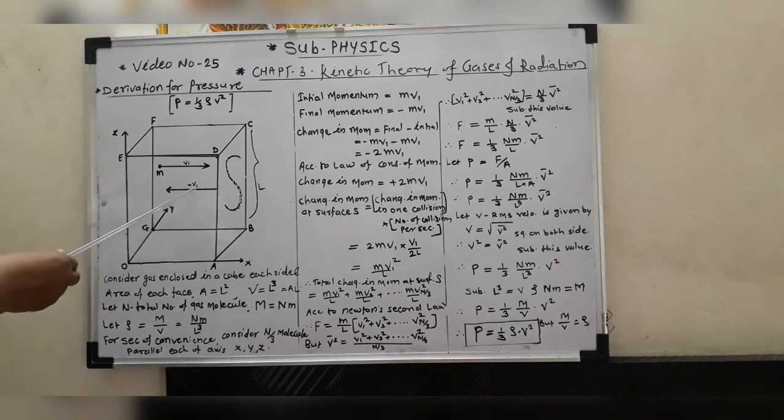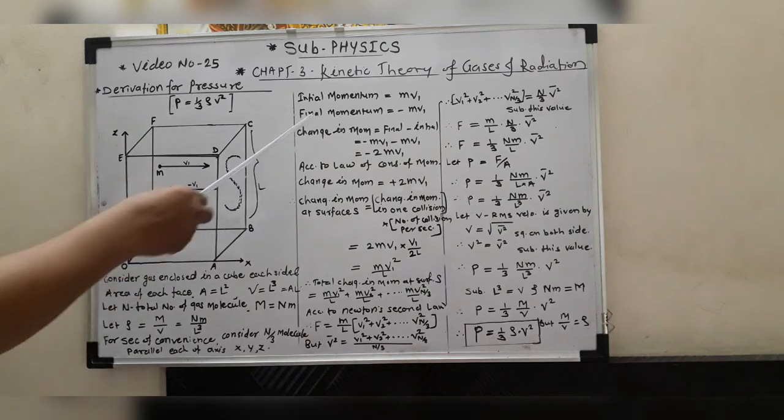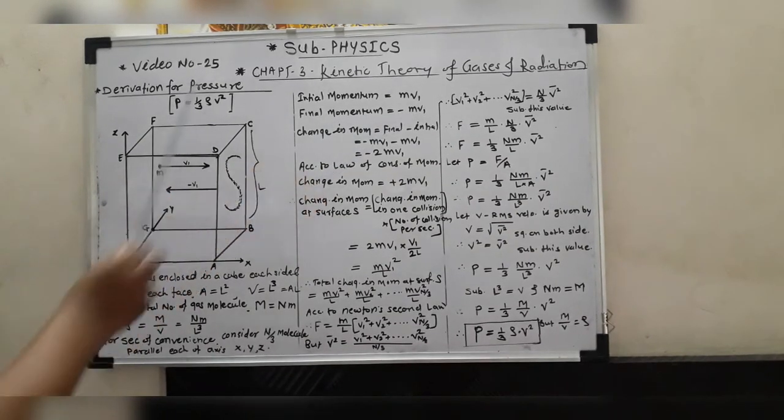Therefore its velocity is minus v1. Mass is the same but the velocity is in the opposite direction, so it is minus v1. And therefore the final momentum is equal to minus m v1.